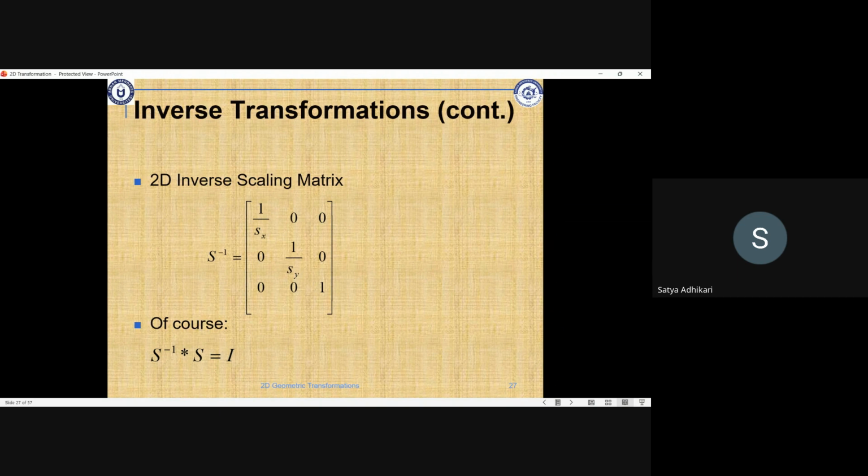And obviously, if you multiply S inverse and S, you will get a unit matrix. So we have discussed the inverse translation matrix, inverse rotation matrix, and inverse scaling matrix.